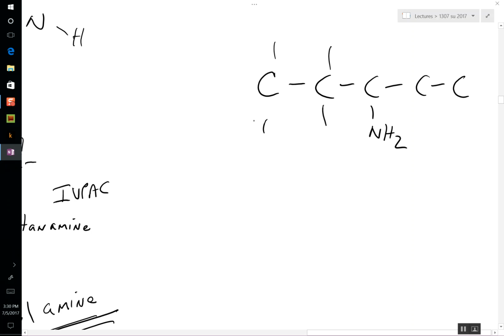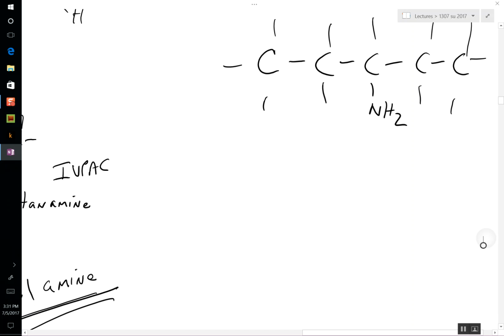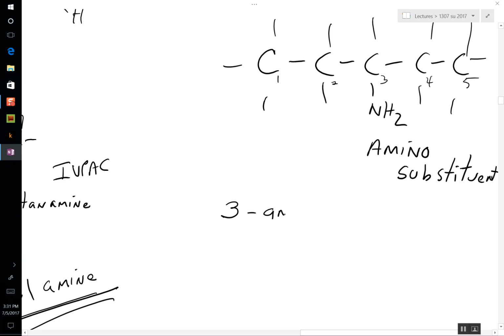There is where you could just use it as a substituent. This is an amino substituent. What carbon is it on? 3. So this would be 3-aminopentane.